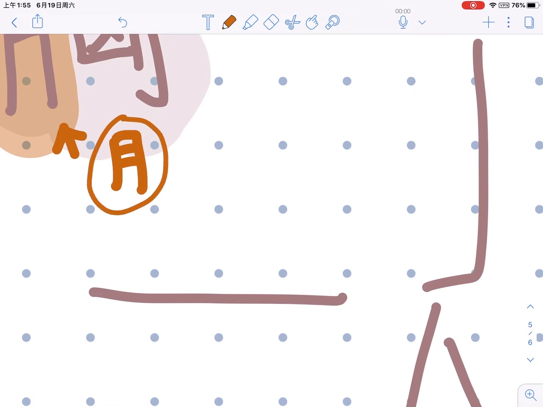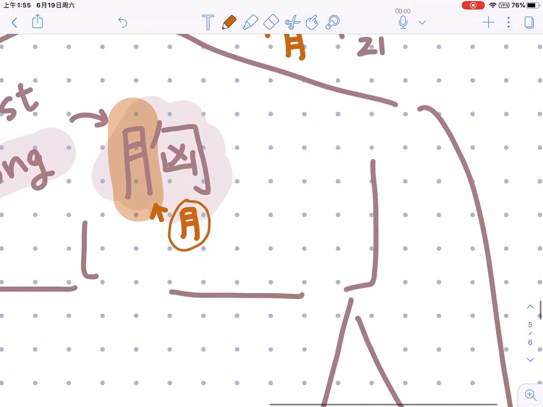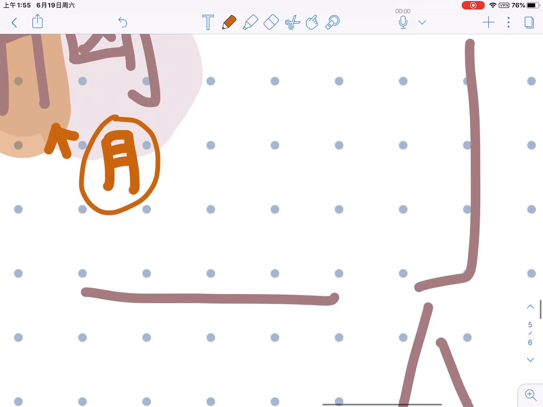Here, I'm not gonna expand too much, but just a quick explanation. This part you see in the left part of all these characters, it itself is a character, which means moon.